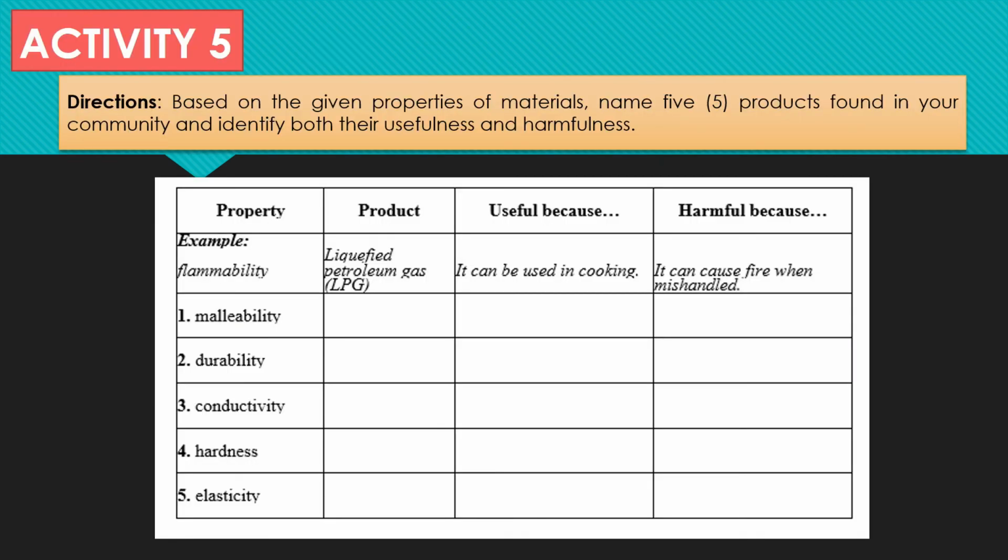Activity number 5, directions. Based on the given properties of materials, name 5 products found in your community and identify both their usefulness and harmfulness. For example, property, flammability, product, liquefied petroleum gas or LPG.